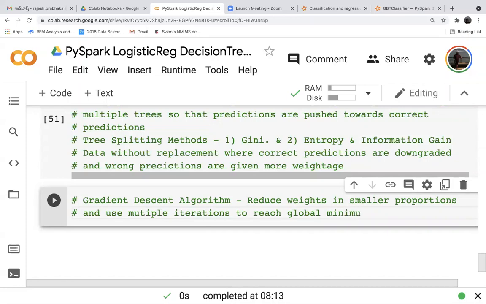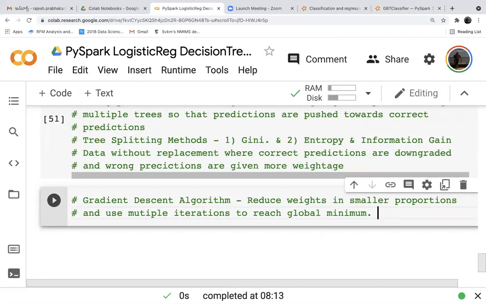So what this gradient descent will tell you is reduce the weights in smaller proportions, or increase the weights in smaller proportions, and use multiple iterations to reach the global minimum.